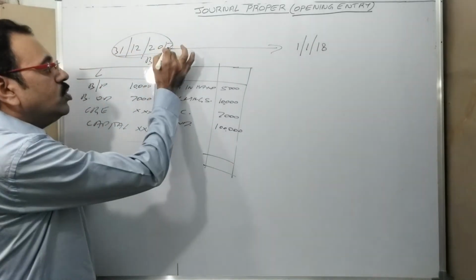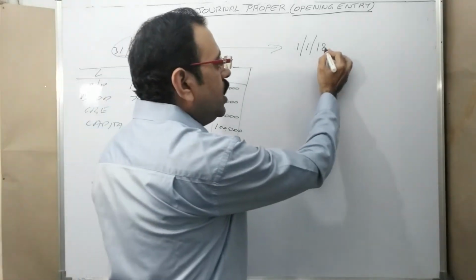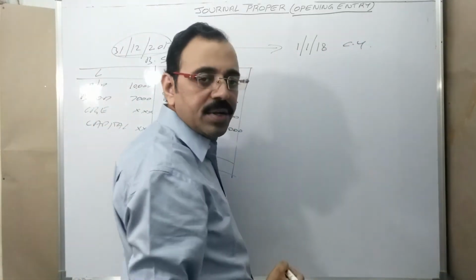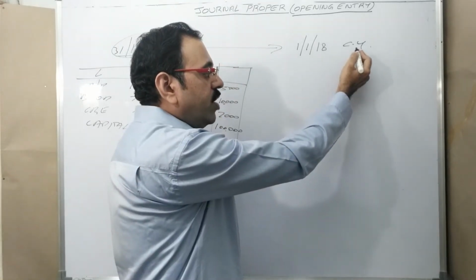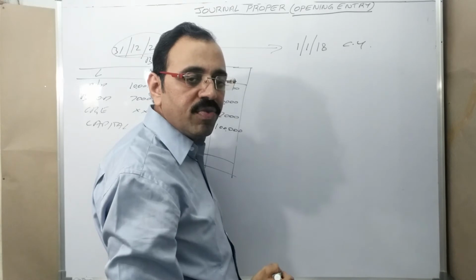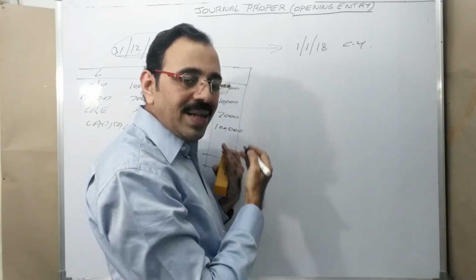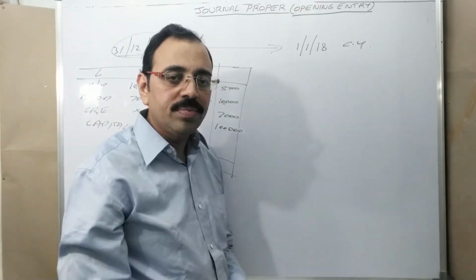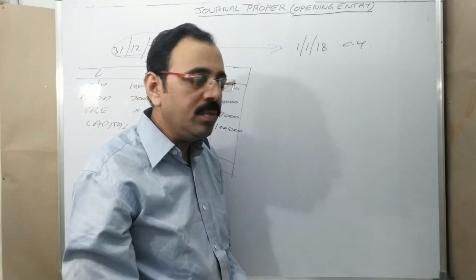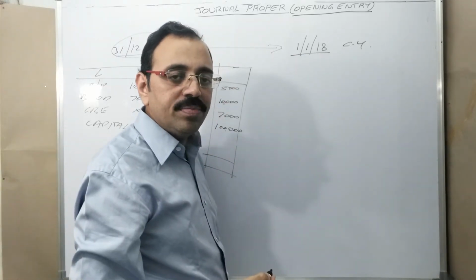So 2017 is the previous year and 2018 is our current year. Now in the current year, when we are doing accounts, first what should we do? Last year's assets and liabilities we should bring into the books. When should we bring them? At the starting date of the year.